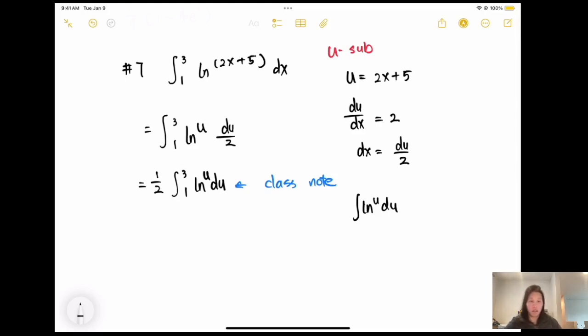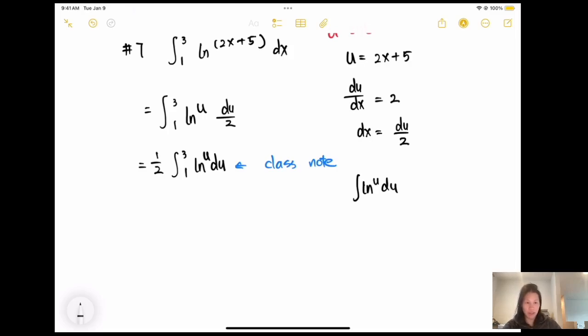To do that, I'm going to skip the steps since we already talked about that during the class. I'm going to show you how I get the integral of ln u du.